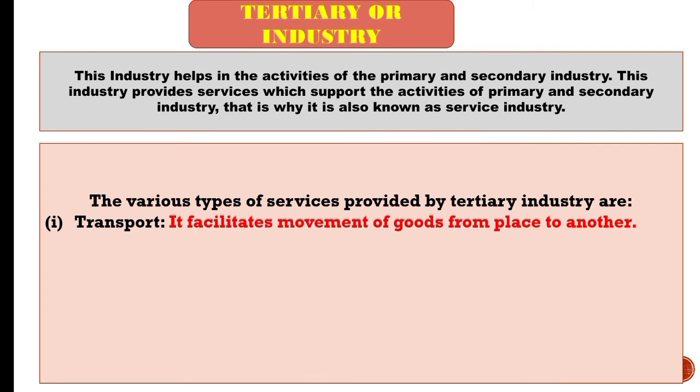So this obstacle of place is removed by the service of transport. For example, tea is produced in Assam and Darjeeling, but it is consumed in all parts of the country. This is made possible only because of transport.